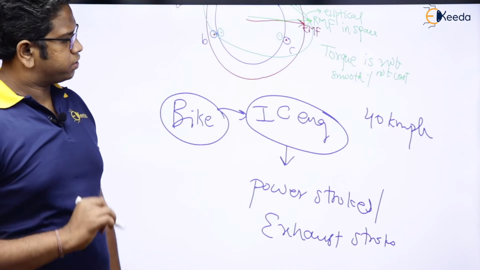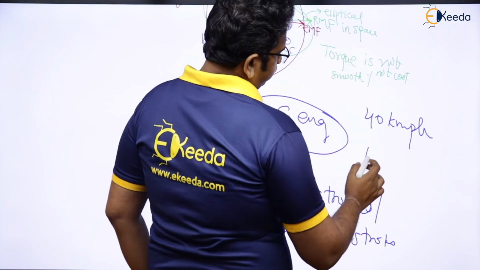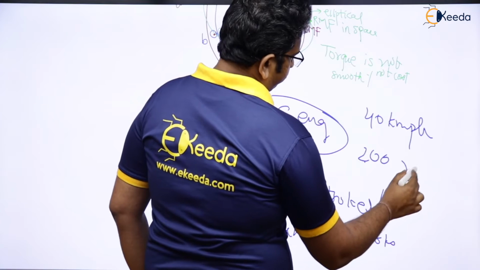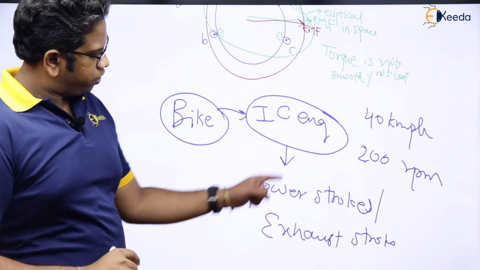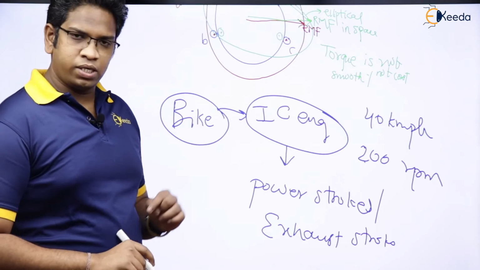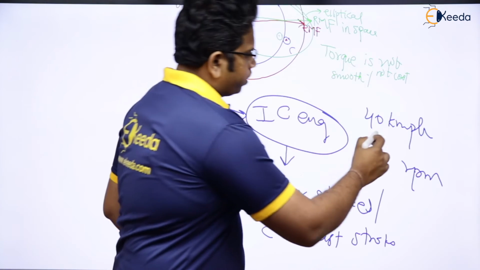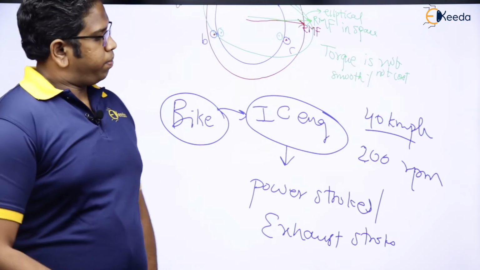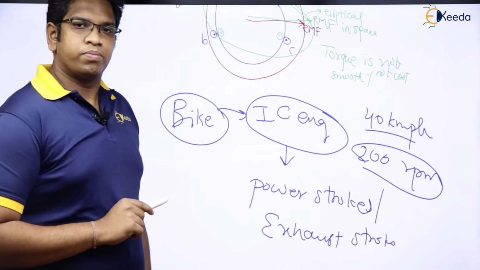Or let us think that your engine is rotating at, let us say, 200 rpm. Your bike will move at a speed of 40 kmph, and the wheels of your bike will also rotate at 200 rpm, for example.